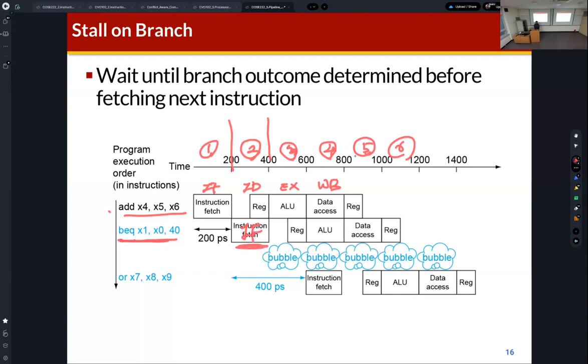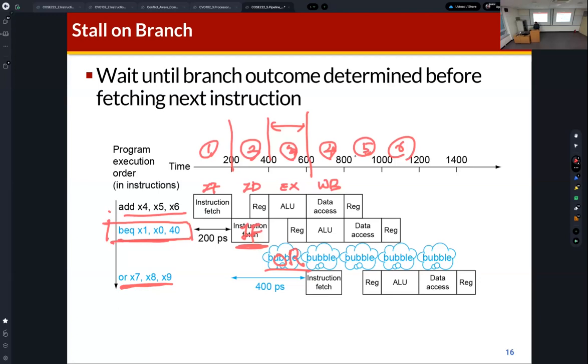Then what's the next instruction? The next instruction should be the OR instruction. So at clock cycle number 3, in this slot, the OR instruction needs to be fetched. So what's the problem? We don't know the next program counter if the current instruction is a branch instruction, right?